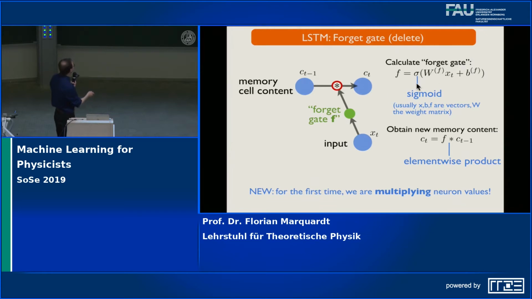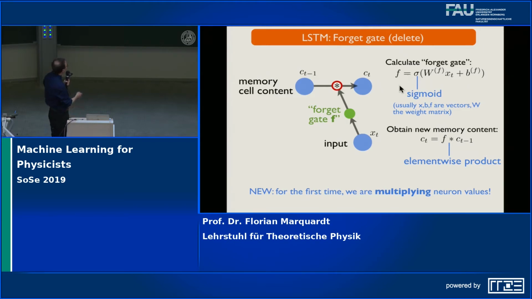And then you just need to generalize this by saying W is a matrix, B is a vector, X is also a vector as usual. Sigma acts element-wise on the resulting vector, that is its argument, and then F also will be a vector. So you see all of these things can be easily generalized to many neurons. But you can also think for the moment of just a single neuron.